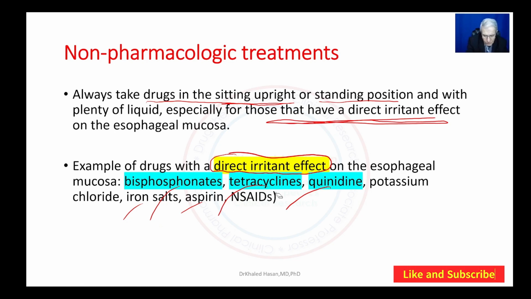So we have a group of medications with a direct irritant effect on the esophageal mucosa.